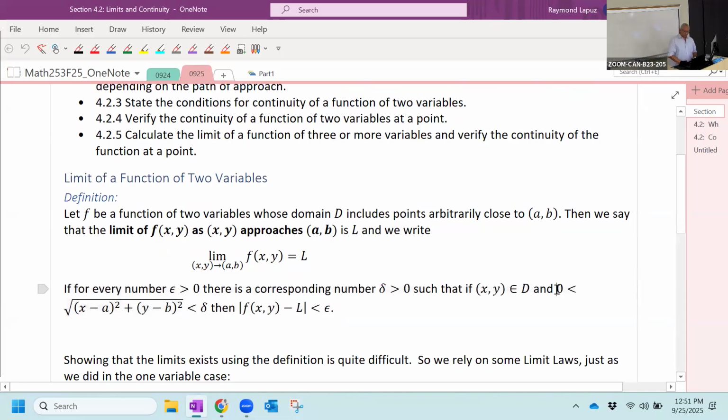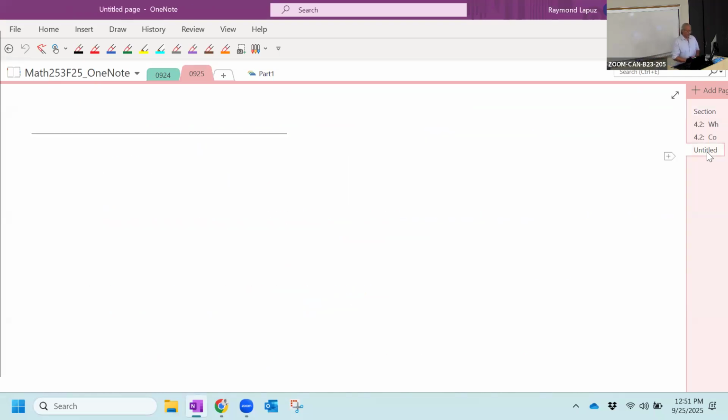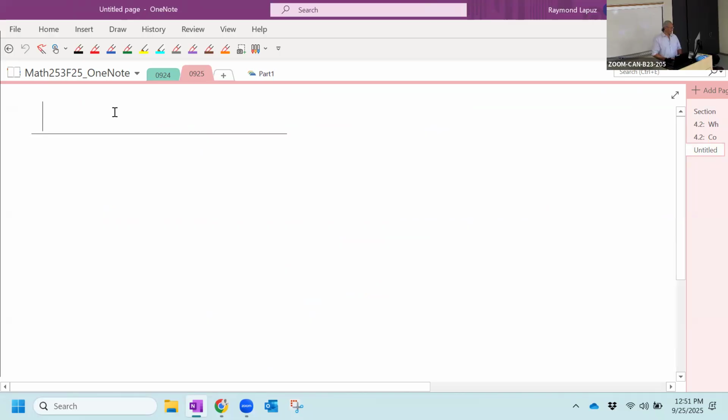I'll draw a picture of this, but I think it might be better to take a quick look at how this would look in two dimensions. By two dimensions, I mean y is equal to f of x functions. So I'm going to just quickly, what should we call this? Diversion. Let's call it a tangent.